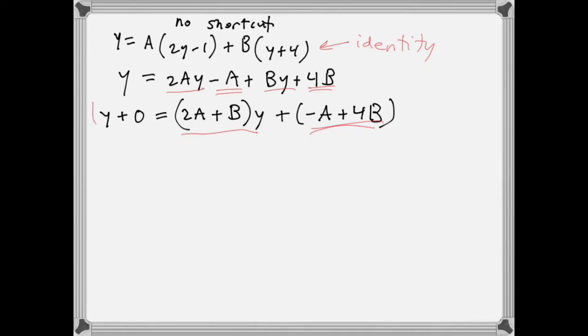So look, if that's a 1 next to the y, then that 1 has to match this 2a plus b right here. So 2a plus b is equal to 1. And if that's a 0 on the left, right, there is no constant. That means that negative a plus 4b is equal to 0.